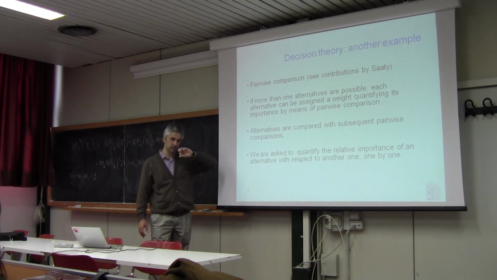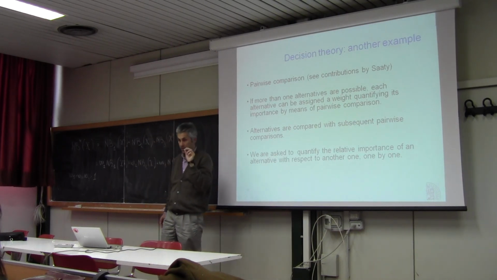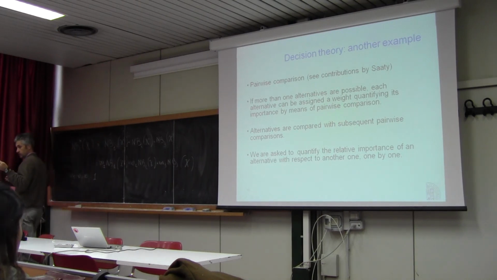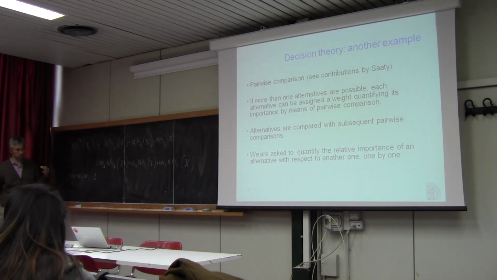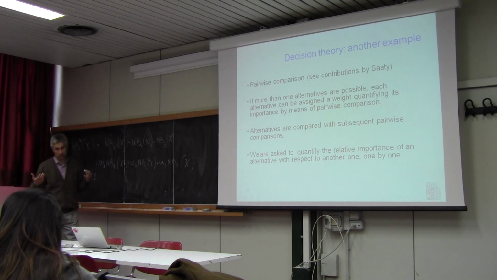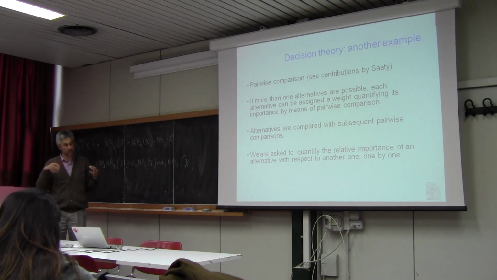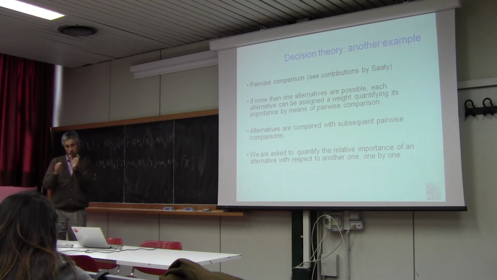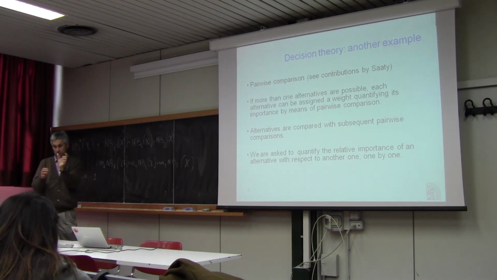In practice, the technique works in this way. If you have more than two objectives that you have to analyze and quantify the importance of, you compare the objectives one by one, which means that you compare two objectives each time.